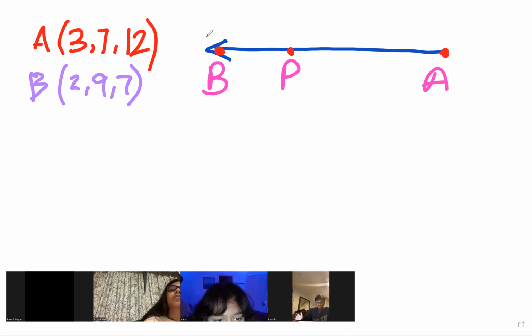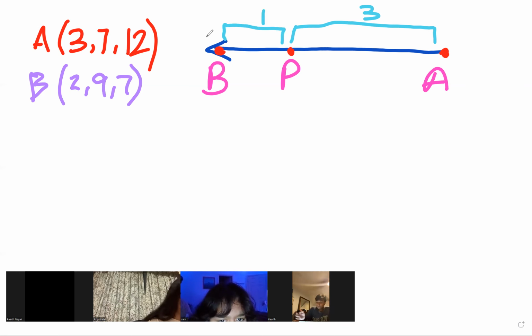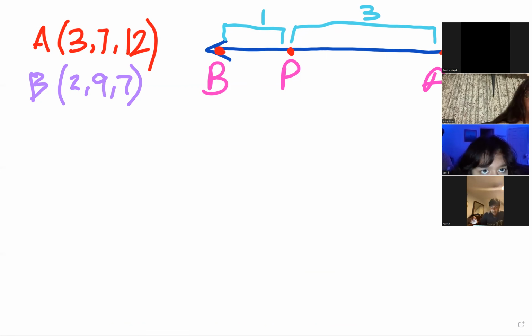So what that means is that AP is 3 and you could say PB or BP is 1. And so in order to formally write out this problem, I think it's helpful to establish that relationship.